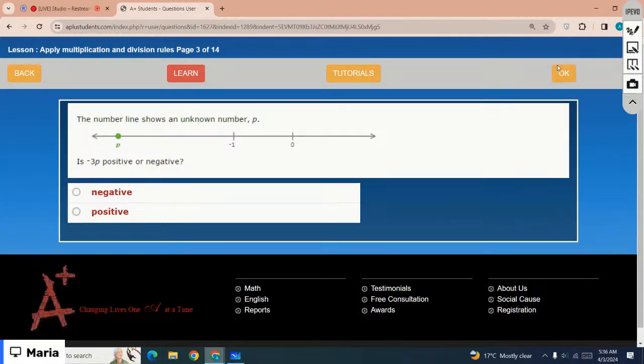The number line shows an unknown number p. Is negative 3p positive or negative?